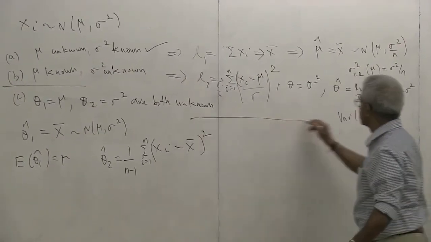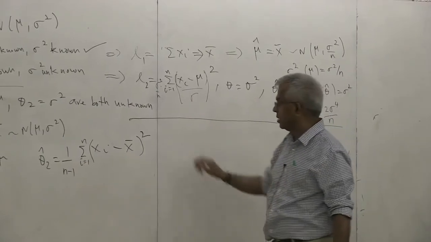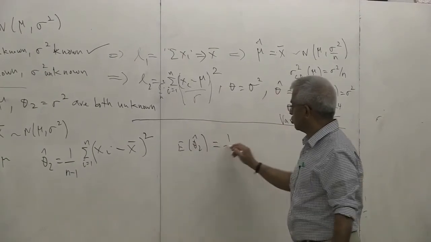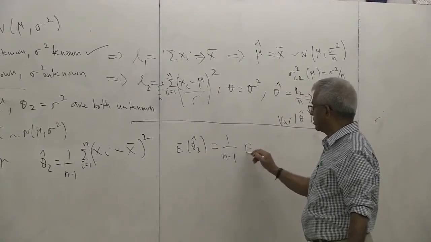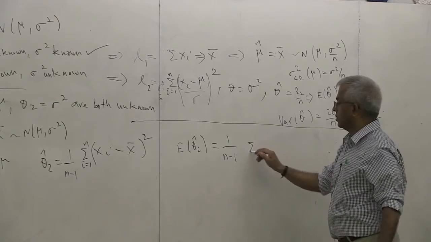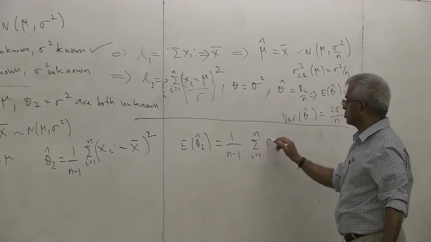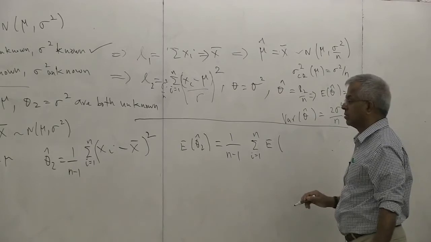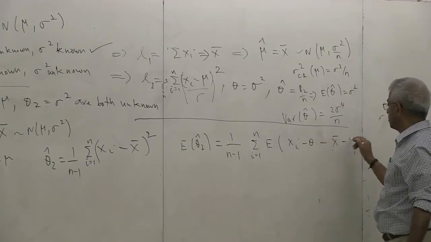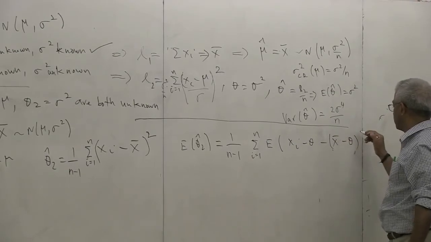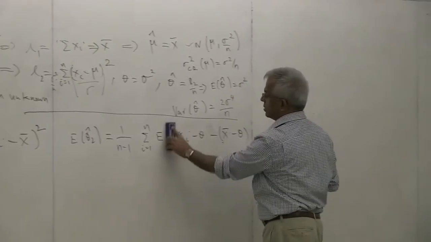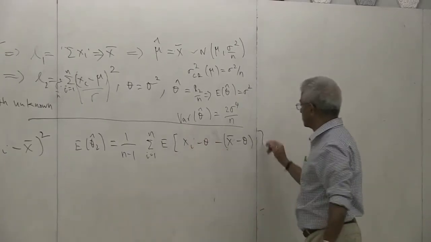So the expected value of theta 2 hat is 1 over n minus 1 times the expected value of summation i equal to 1 through n of xi minus theta minus x bar minus theta. So let me put it this way: I added and subtracted theta. This needs to be squared.